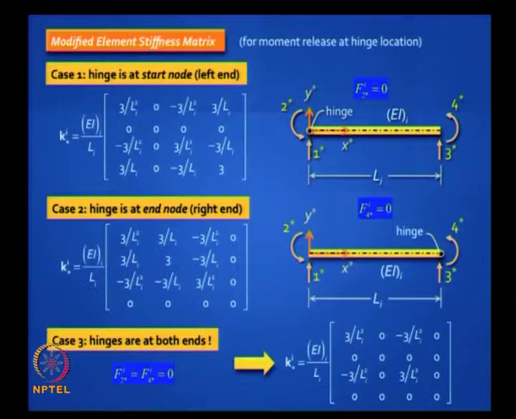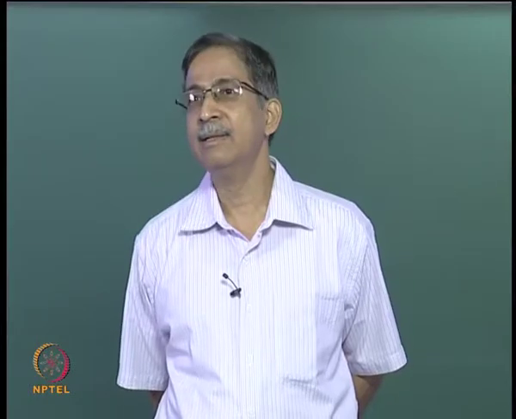So if you recall, we need to modify the element stiffness matrices. Essentially, one of those rows and columns will become full of zeros, corresponding to the release degree of freedom. So if you have a hinge at the start node, it's the second row and second column that gets released.